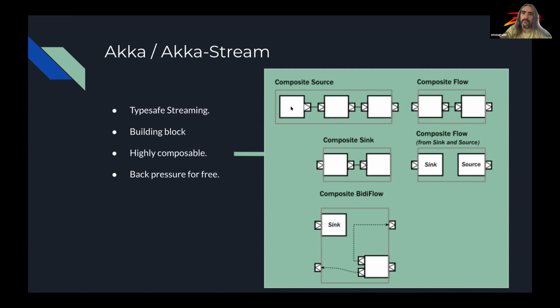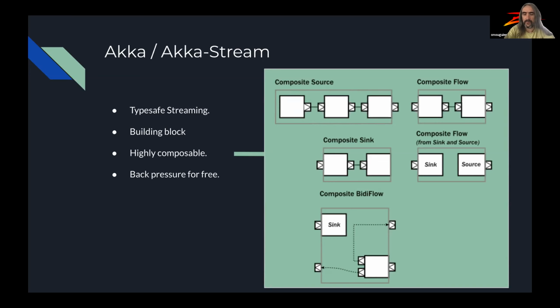You can group together a source with a flow and with another flow, building a composite source like this, or many other compositions, of course. And Akka Stream's main benefit is to provide back pressure for free.